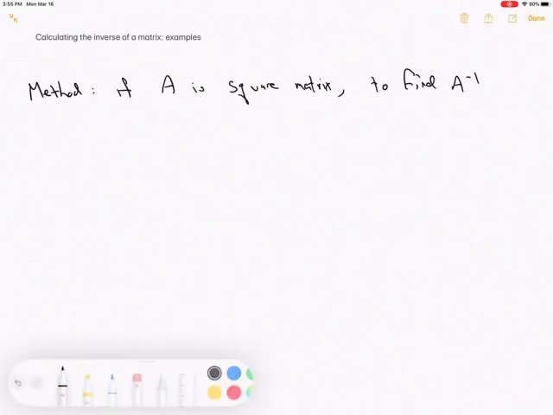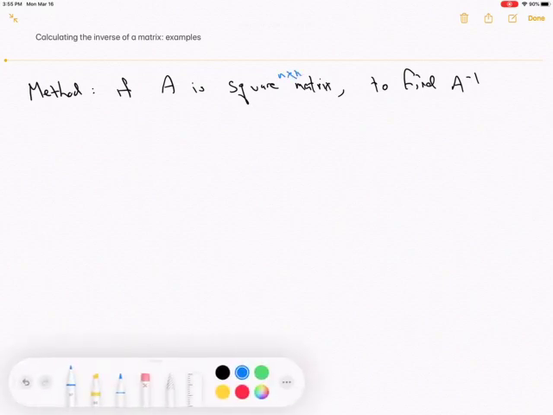So we can say it's an n by n matrix. Then what we do is we write this extremely augmented matrix.